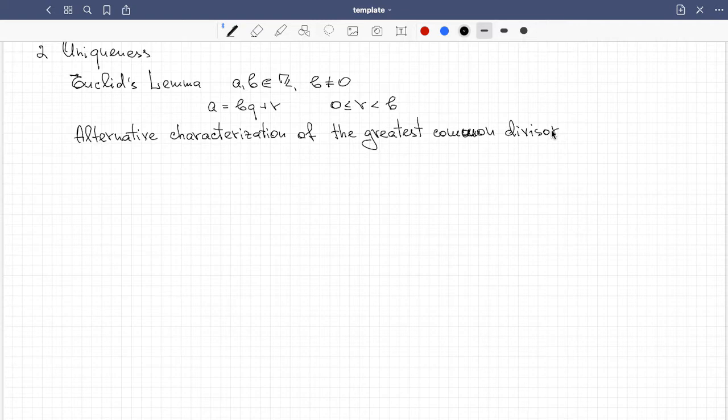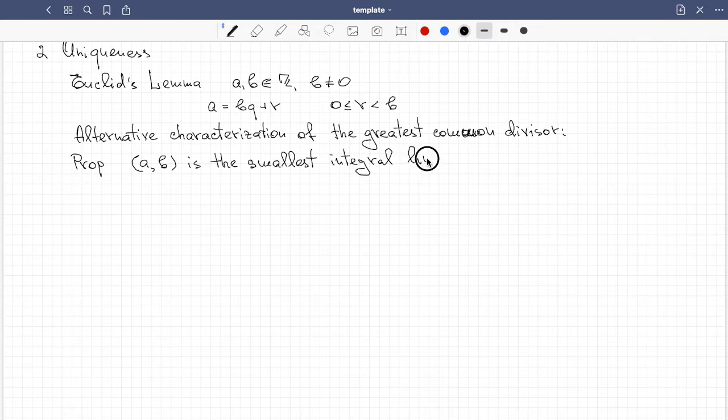Namely, this was the proposition which we proved, that the greatest common divisor of two integers, not both zeros, is the smallest positive integral linear combination.